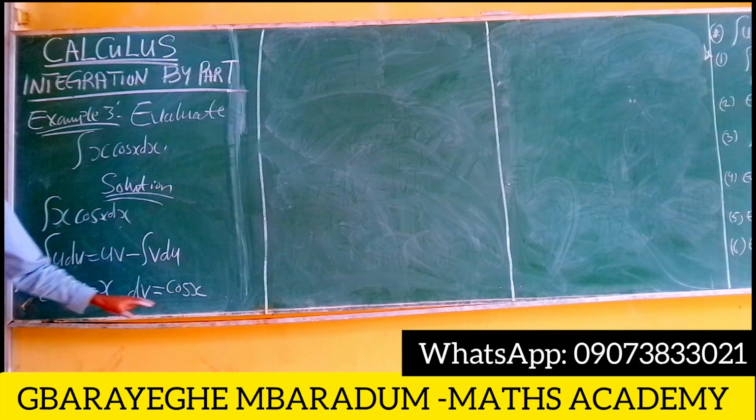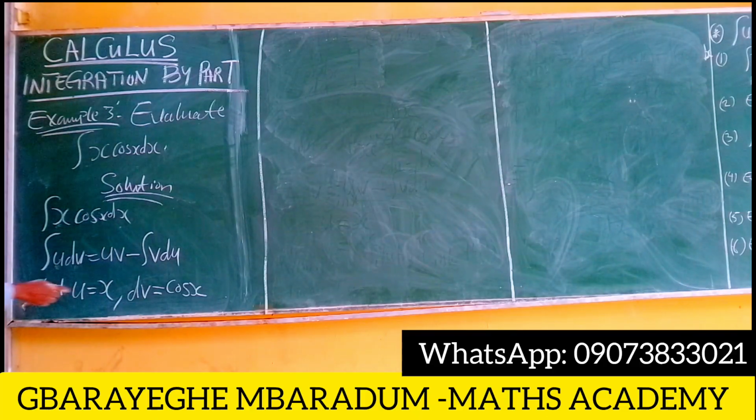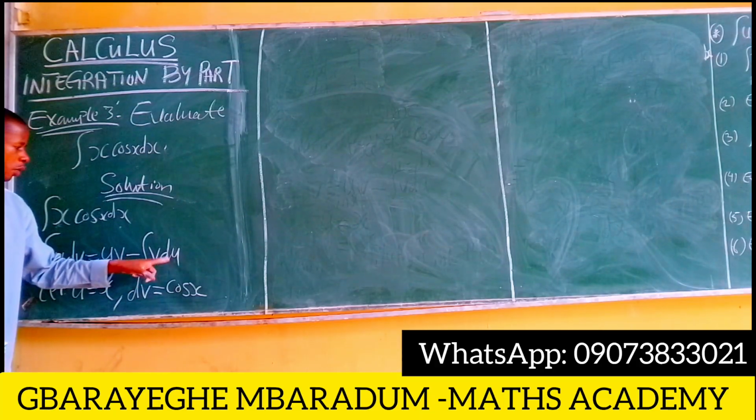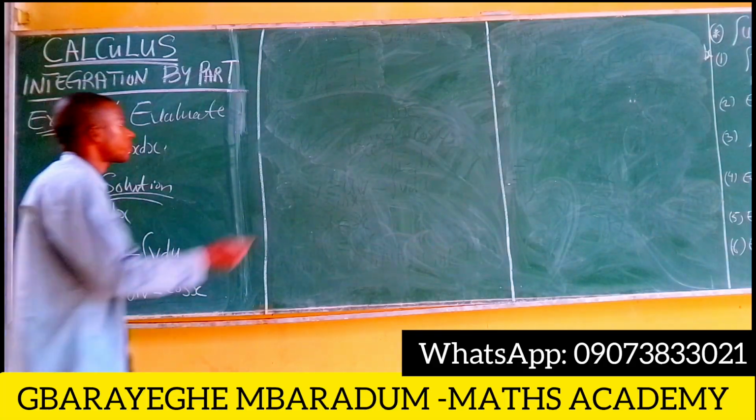From this part now, we are going to find the other parameters that are not in the question, which is our v and our du. Because we have not gotten our v, and we have not gotten our du. We can only have those parameters through differentiating u to get our du, and through integrating dv to get our v. So let's see how to do it.